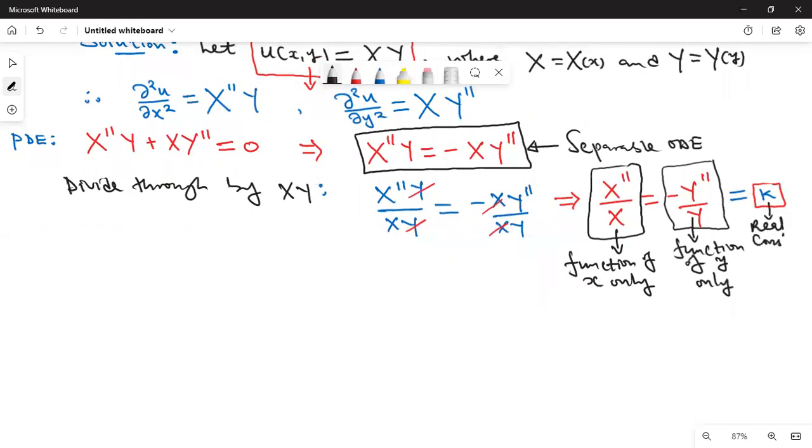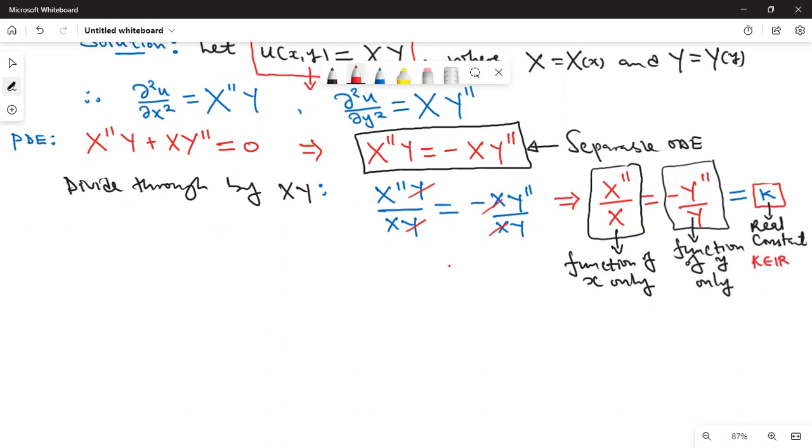See, when you talk about a real constant, we expect k to be either negative, positive, or 0. So that means there are three cases to consider. When you say k is a real constant, it means k belongs to the set of real numbers.